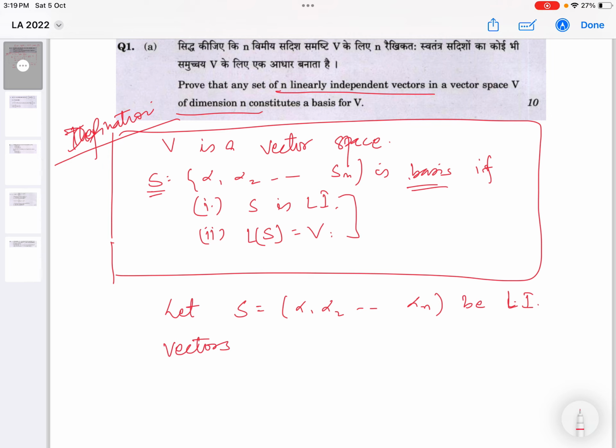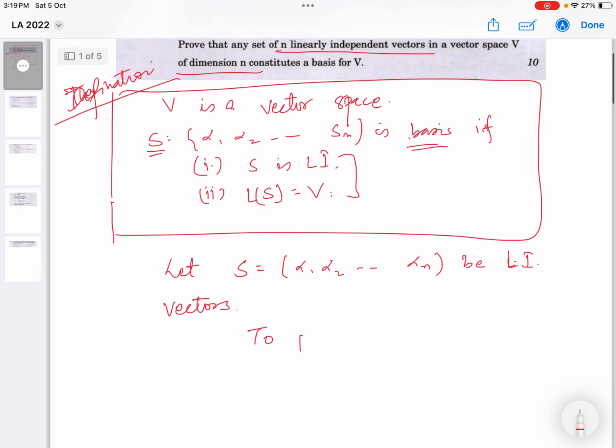Fine. To prove, since the first condition is satisfied, S is linearly independent, fine. And now to prove linear combination of S is V. If we can prove this, we are done.